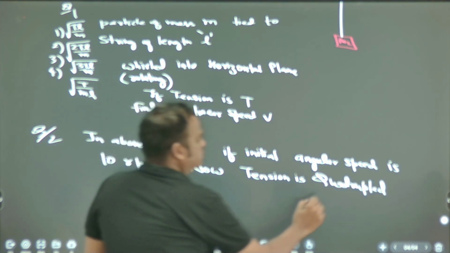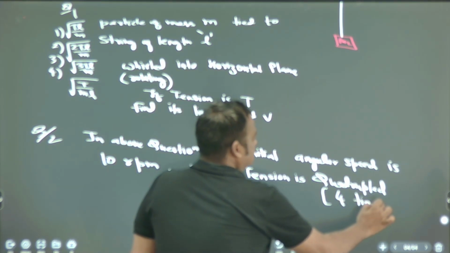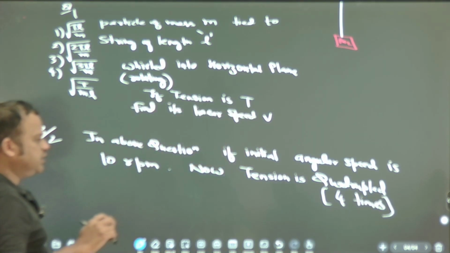Quadruple means 4 times. Double means 2 times. Triple means 3 times.